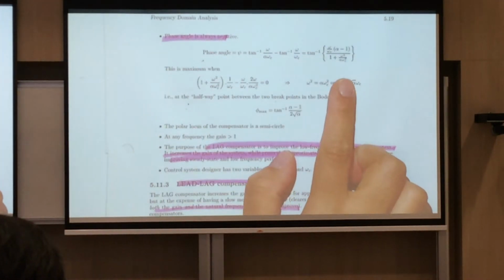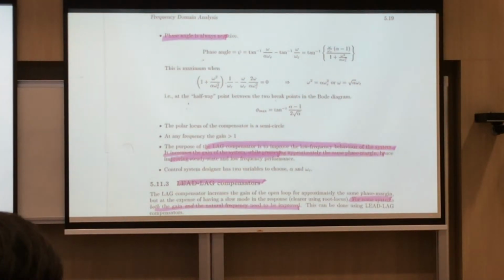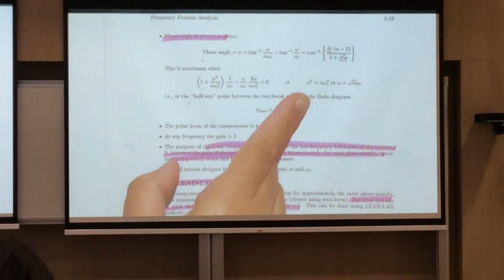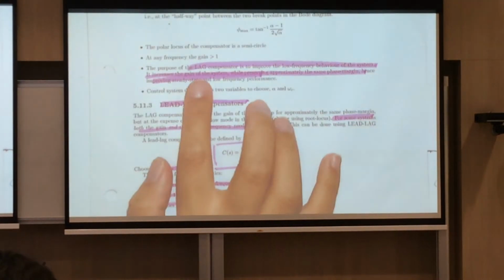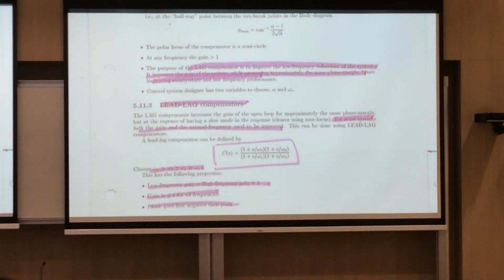The phase angle is always negative. All you do is substitute some value. Same here, find the turning point, identify the extremum. Now why do we use a lag compensator? To improve the low frequency response.